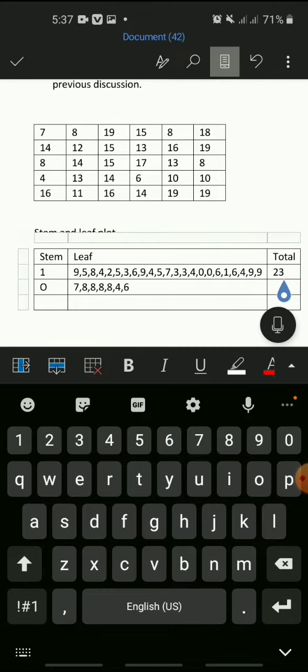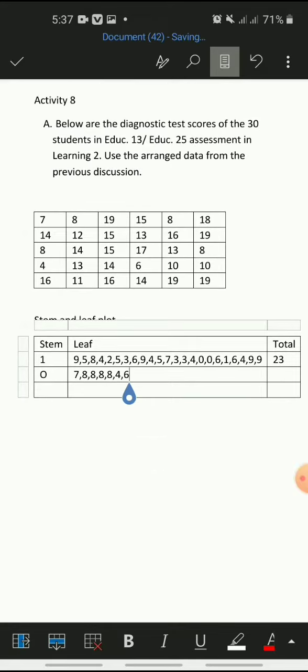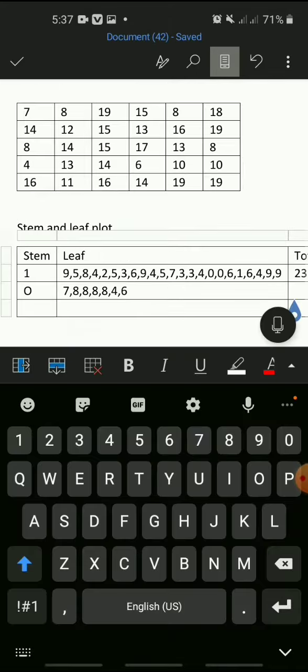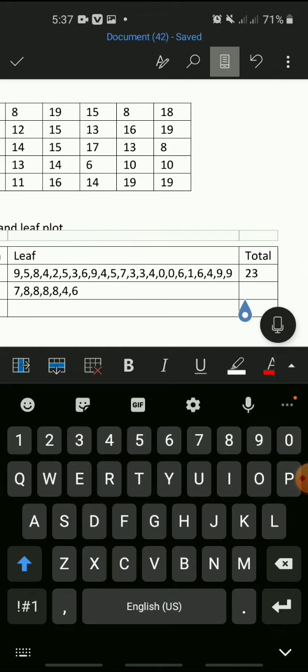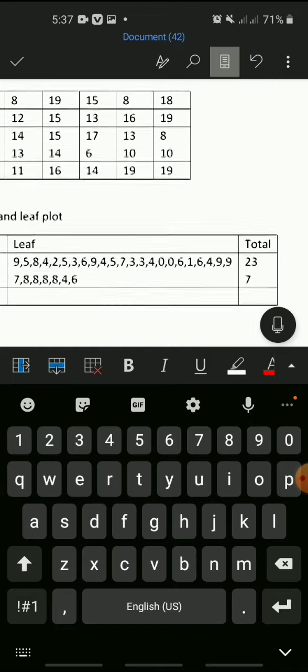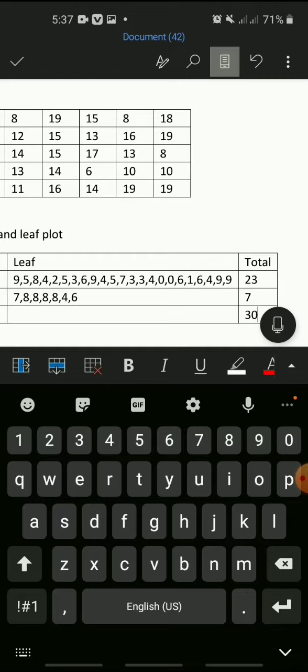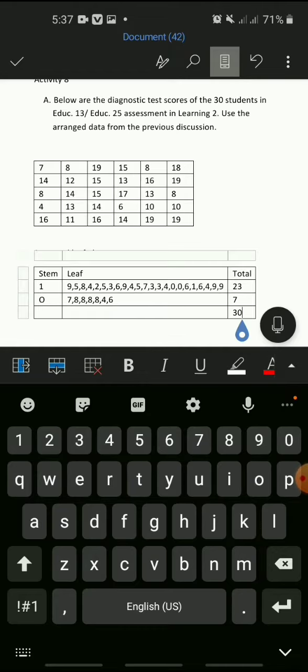And then we go to 0 and count the leaves. 1, 2, 3, 4, 5, 6, 7. So the total is 30. So we got the total number of students. There are 30 students.